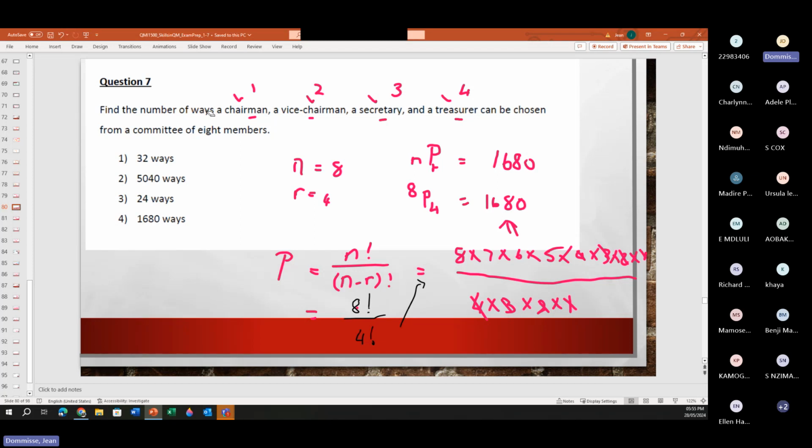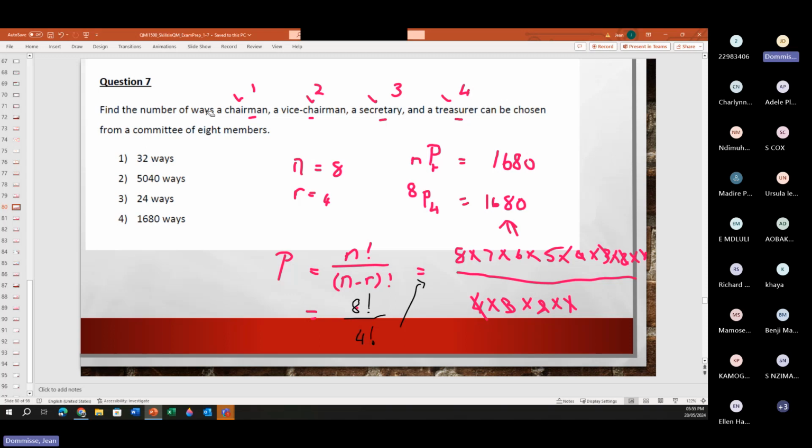The easiest way to think about it is if you're the chairman and I'm the vice chair, that is one permutation. If I'm the chairman and you're the vice, that's another permutation. So with permutations, the order matters.